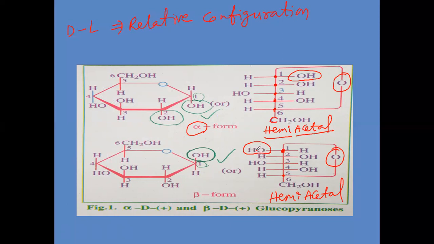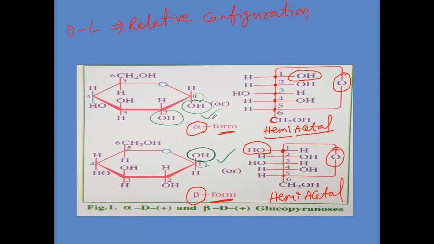It is on the left side. In the first one OH is on the right side; in the second structure OH is on the left side. That's why it is called the beta form. If the OH group is on the left-hand side of the first carbon of the hemiacetal structure, that is beta glucose. Beta glucose, alpha glucose. Remember.